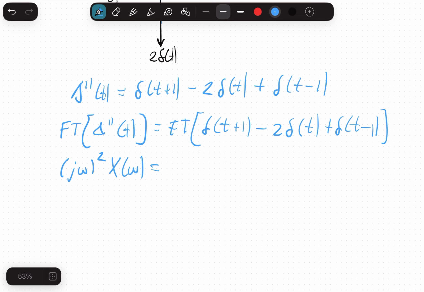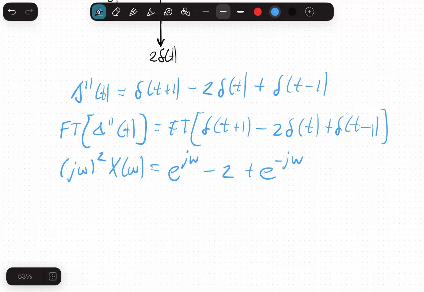And then on the other side, the Fourier transform of these is the following: it's going to be e to the j omega, using pair 1a, then we have -2 using pair 1, and the last one will be plus e to the -j omega.